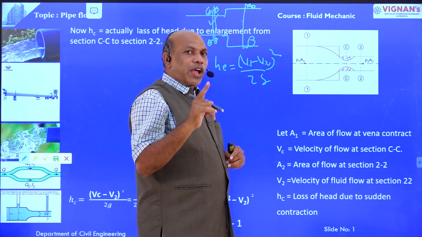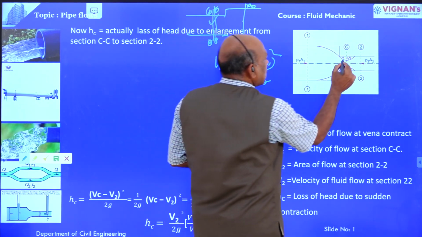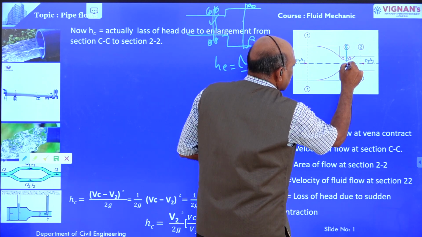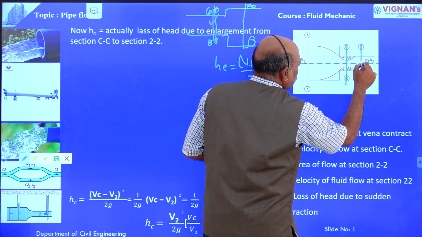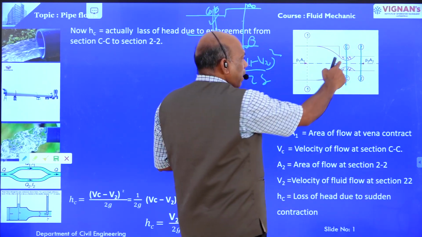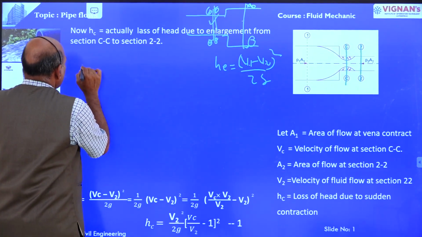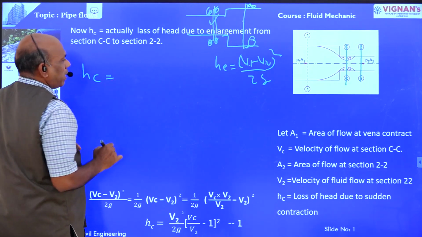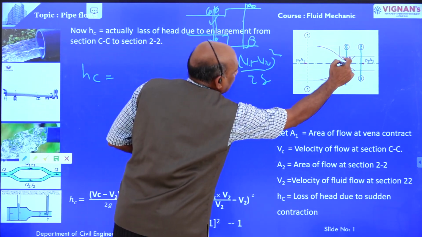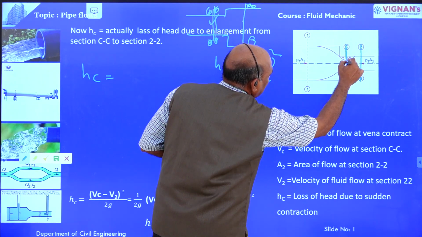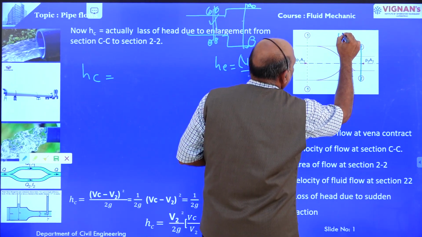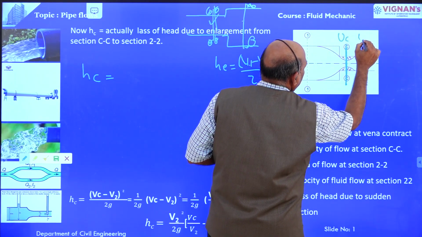Head loss due to contraction is because of the flow moving from section CC to section 2-2. Right? Now, based on this diagram, the head loss due to contraction hc is equal to (Vc minus V2) squared divided by 2g, where Vc is the velocity at the vena contracta and V2 is the velocity at section 2-2.